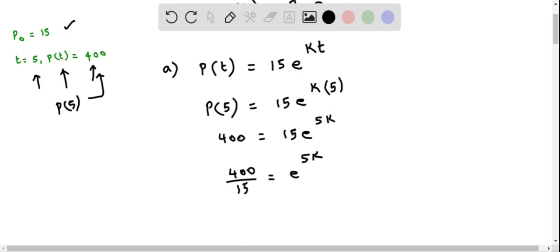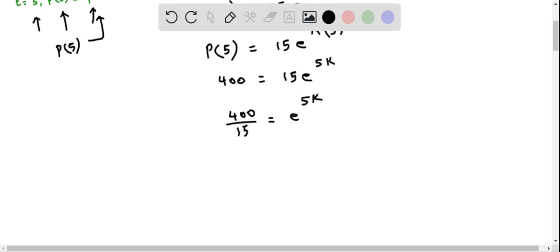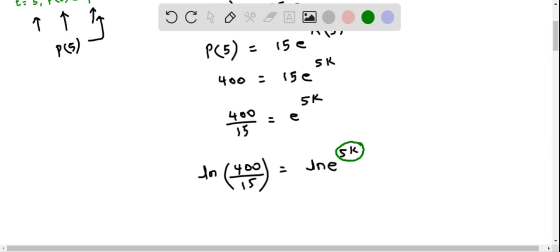To solve this type of exponential equation, we generally apply the natural logarithm to both sides. Therefore, we get the natural logarithm of 400 over 15, and this equals the natural logarithm of e raised to the power of 5k. The next step, we can apply the power rule of natural logarithms. In that situation, this 5k, which is the power of the exponent, comes to the front.